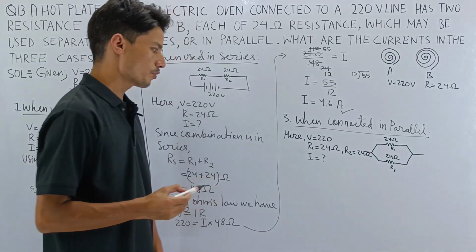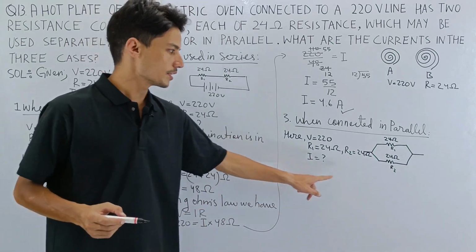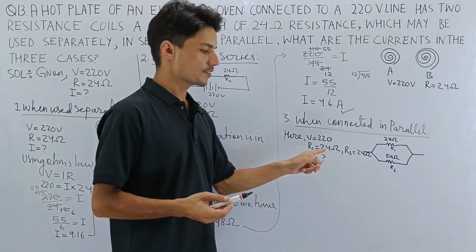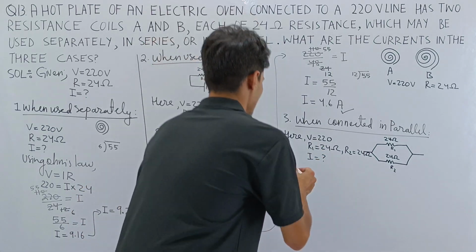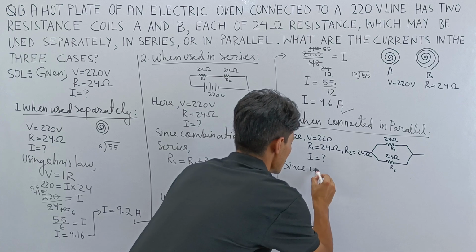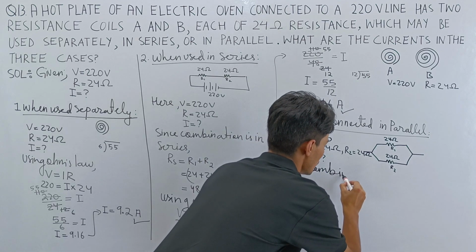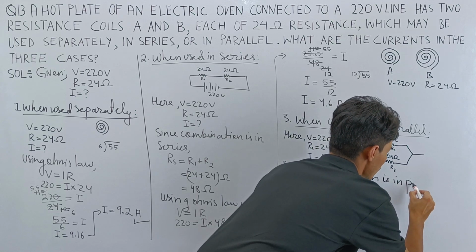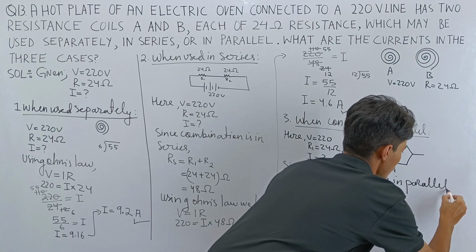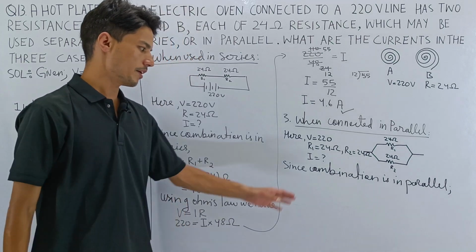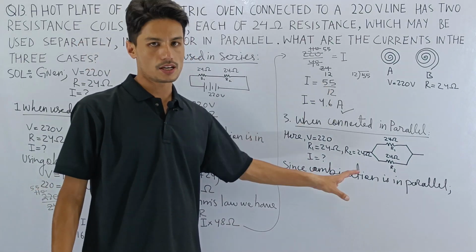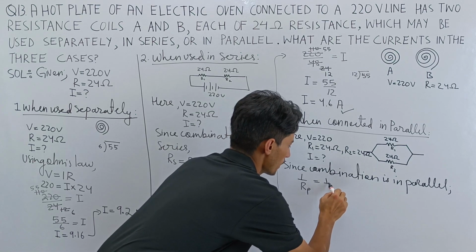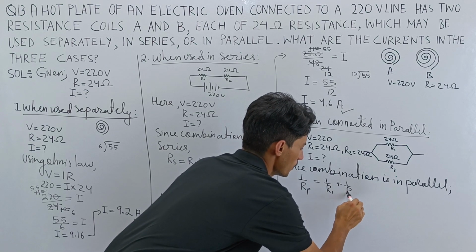But before we find current, we will have to calculate the equivalent resistance for the system. Then only we can find current. So let's find the equivalent resistance. Since the combination is in parallel, we'll have to use the formula for parallel, which is 1 by Rp is equal to 1 by R1 plus 1 by R2.